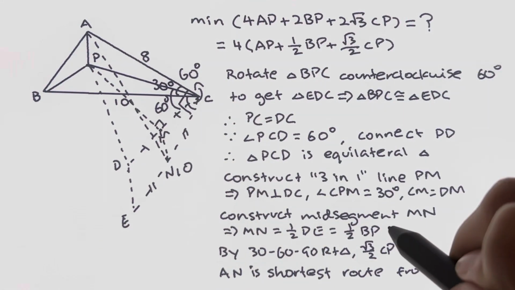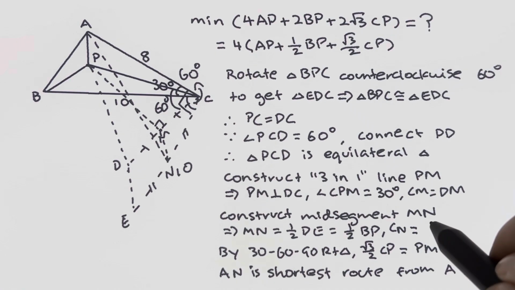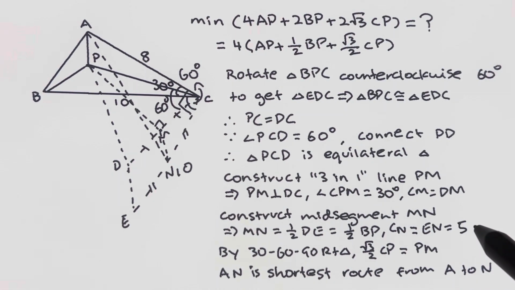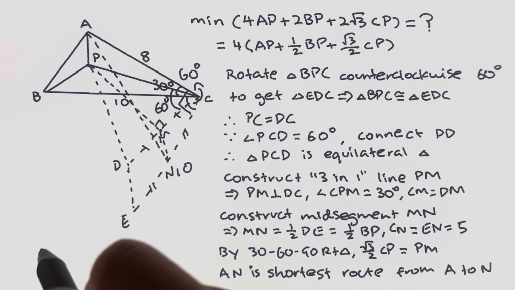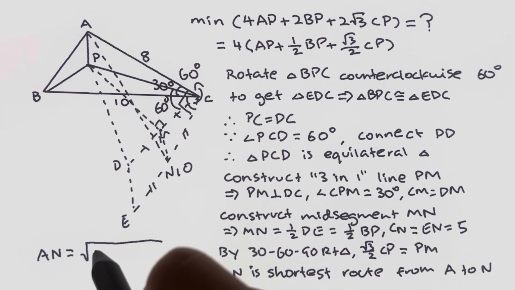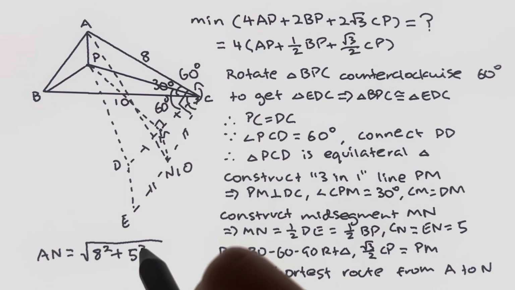And then from the mid-segment, we also get that CN equals EN equals 1/2 times 10, which is 5. So AN equals the square root of 8 squared plus 5 squared.